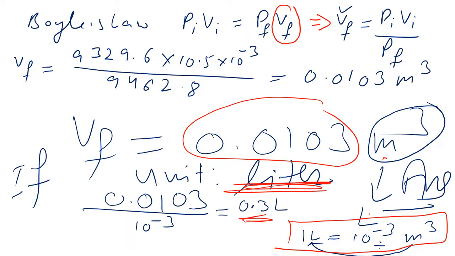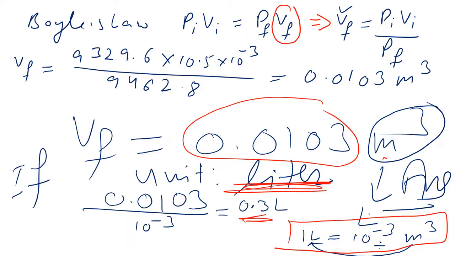Now this number is coming, 0.0103. So you divide by 10 to the power minus 3. When you calculate this one, it will come 0.3 liters.